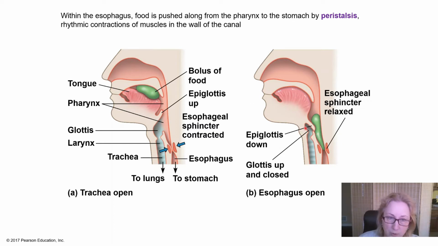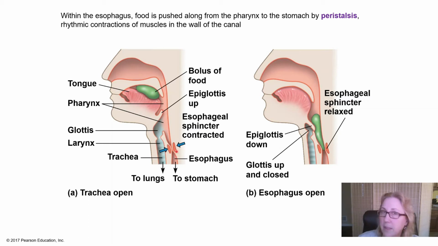So it closes when you swallow. The swallowing reflex closes the epiglottis, and food then can go into the esophagus and not into the trachea. There's also a little sphincter here at the top of the esophagus that prevents air from going down the esophagus. So when you breathe, you're not going to be sending air into your stomach.